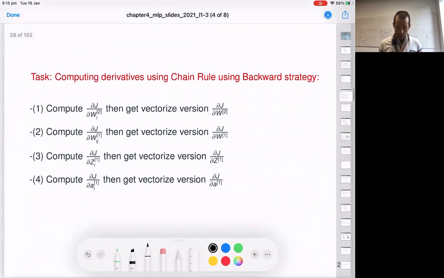And after, for doing the backpropagation, you need to compute the derivatives using the chain rule. Make sense? So you need to compute all of this.